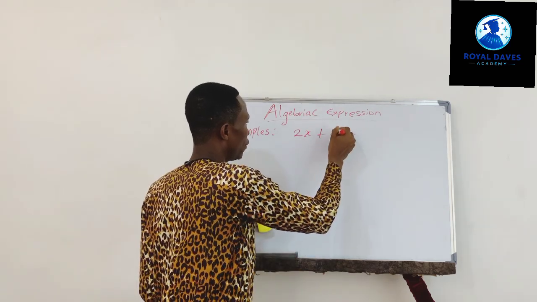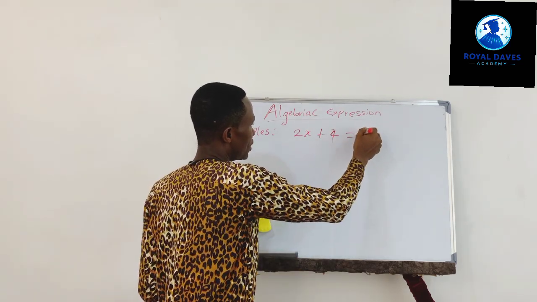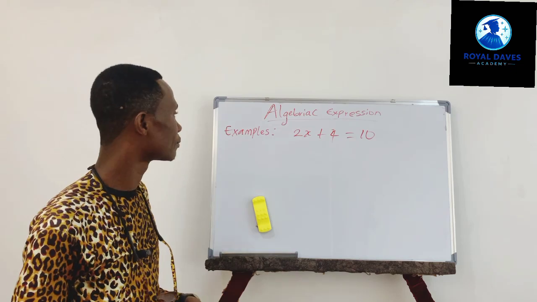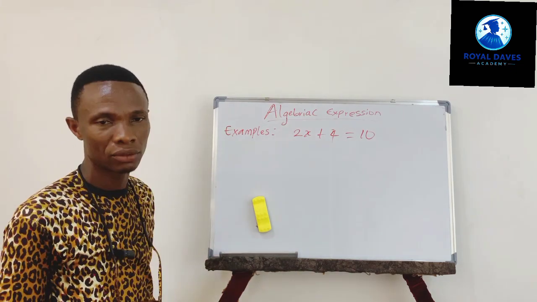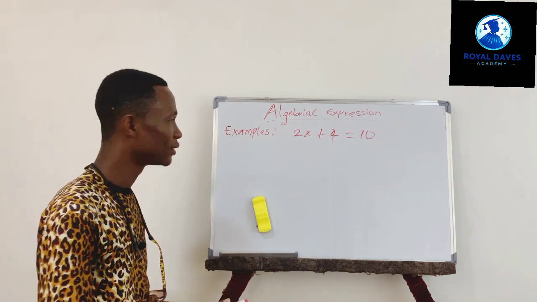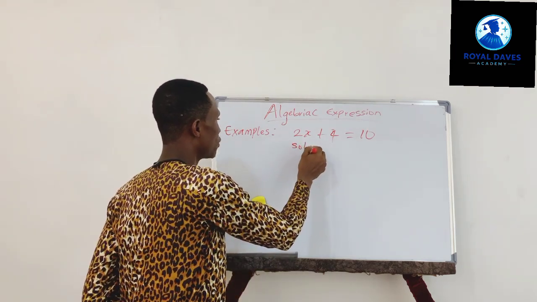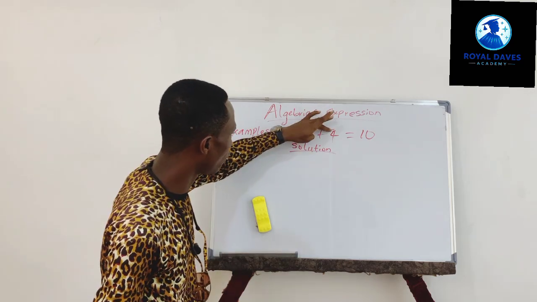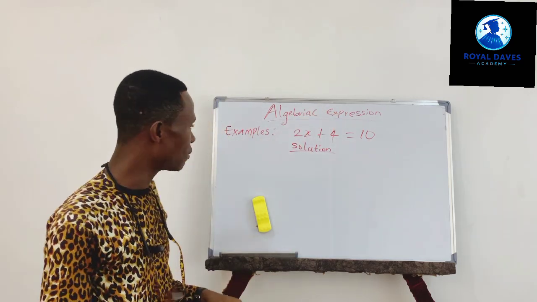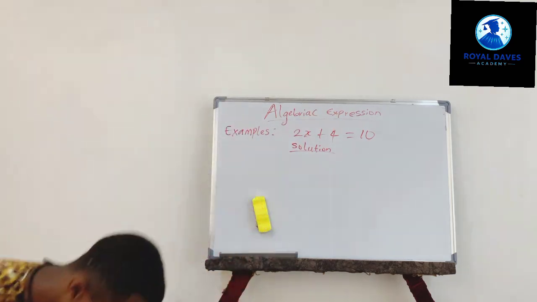It is better. This is also an example of algebraic expression. So how do we solve this? It's very simple. The solution is to simply collect your like terms. Remember, when you look at this, we have 2x plus 4 is equals to 10.